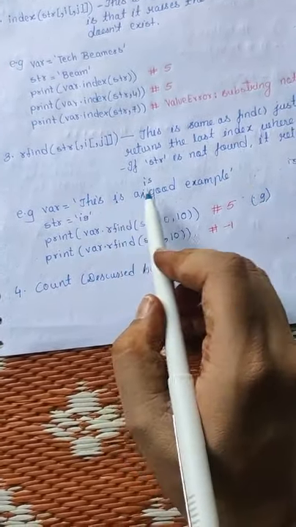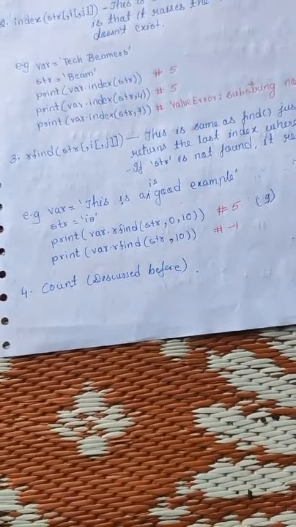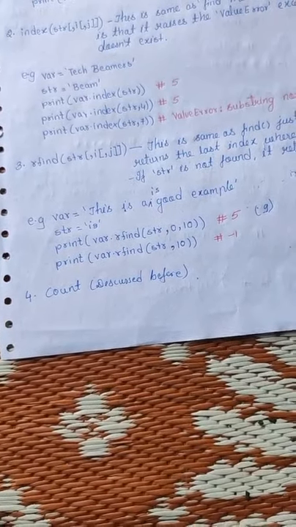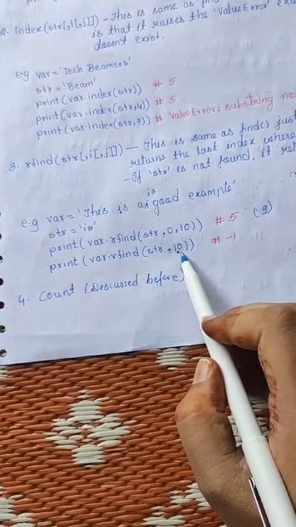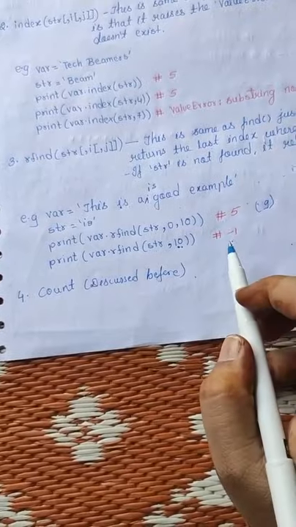When a string occurs more than once, it is going to reply with the last found one. And if it searches from the 10th position and does not find it, it is going to give me -1.